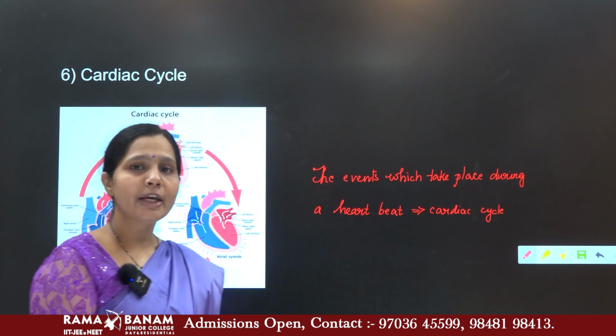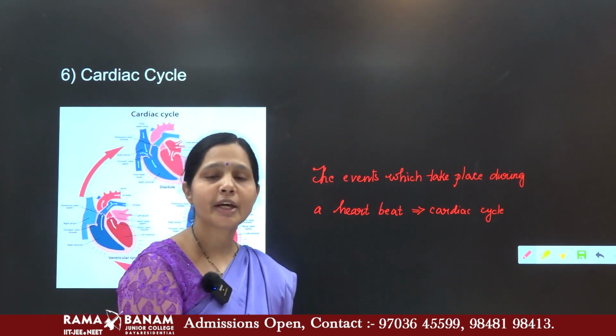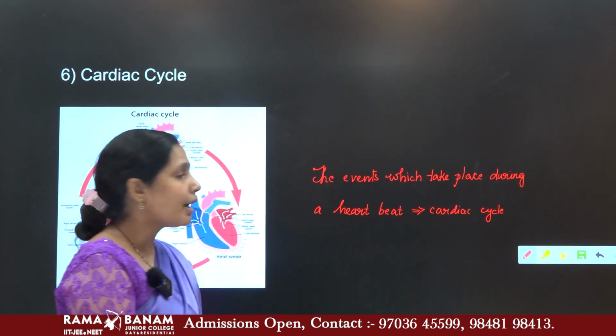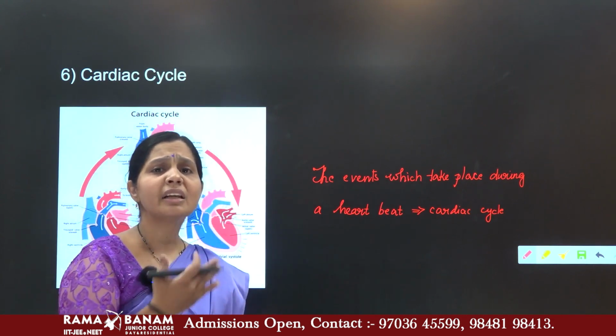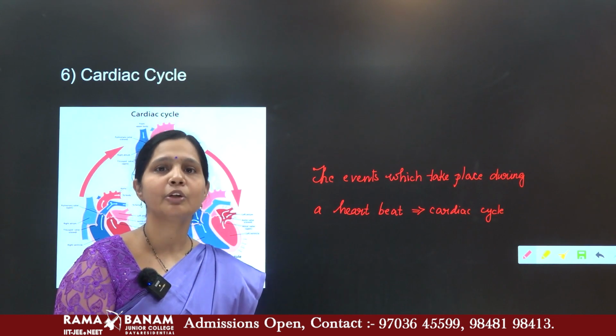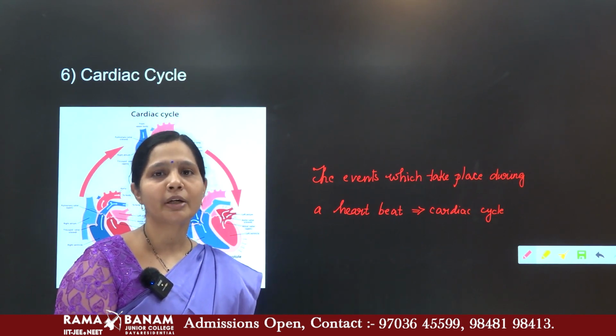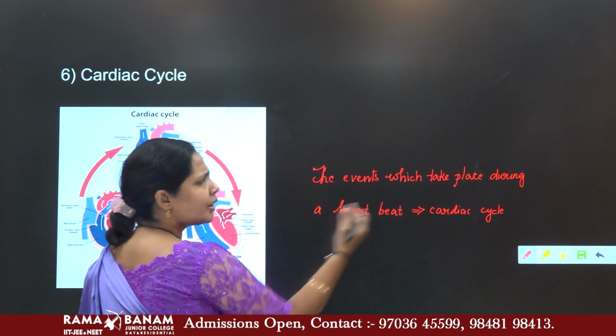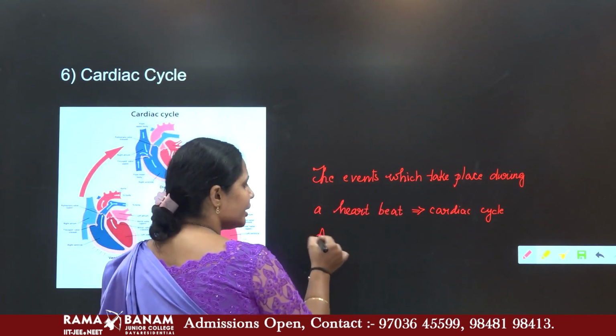So each cardiac cycle can be called one heartbeat. So the cardiac cycle is the cyclical events which take place during the pumping of the blood into the respective parts of the body, right? So what happens in a cardiac cycle?